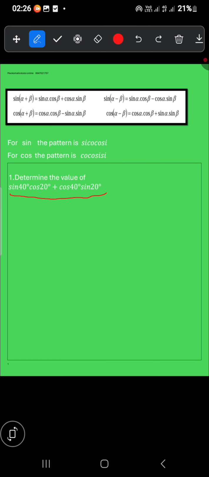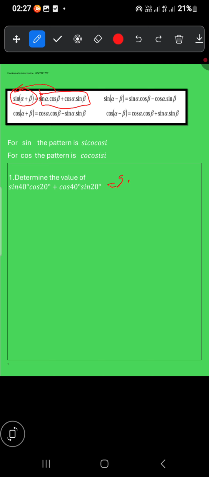We look at the formula that corresponds with this. It is the compound angle identity of sine. So I move from the expanded form to this smaller form.